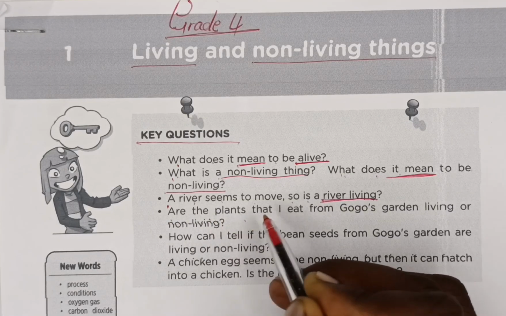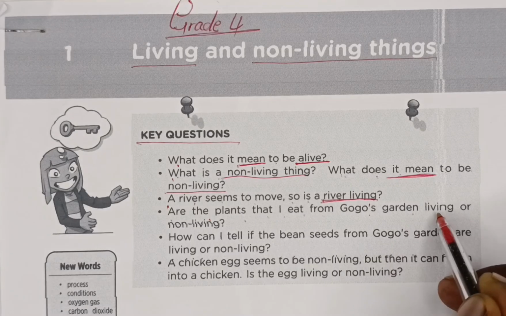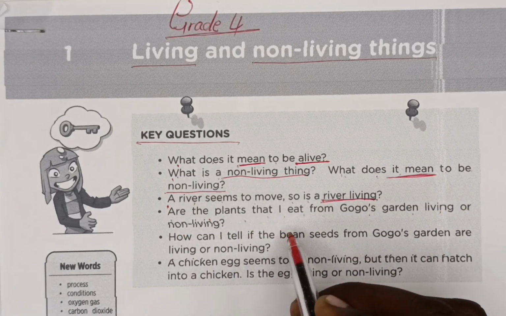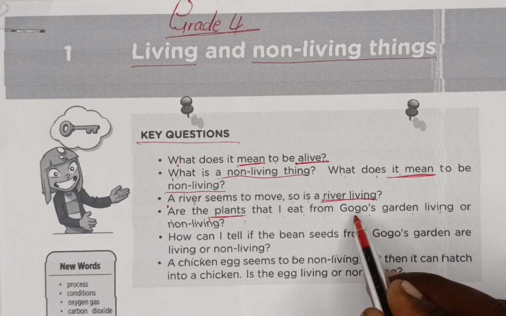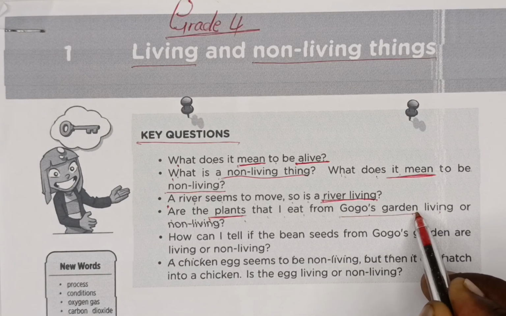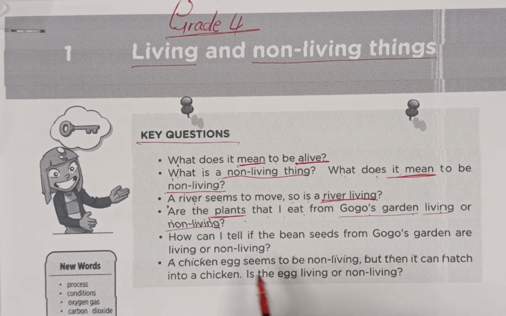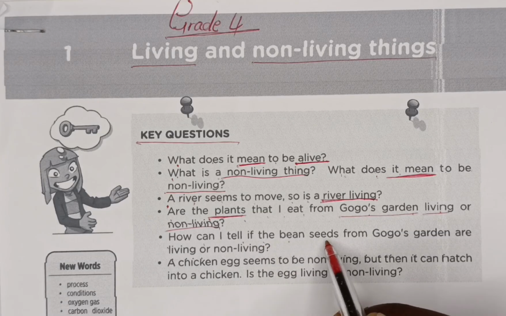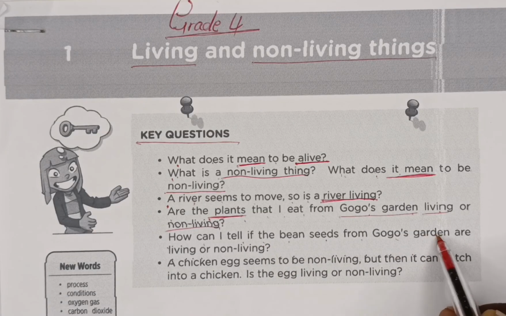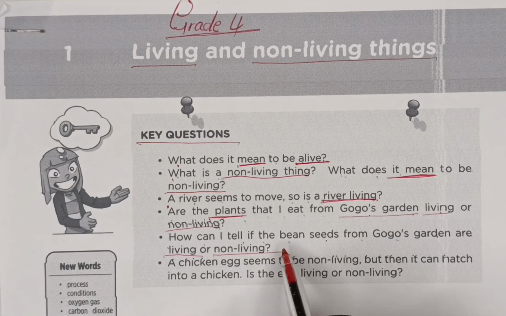Are the plants that I eat from Gogo's garden living or non-living? We're going to learn that. How can I tell if the bean seeds from Gogo's garden are non-living or living?